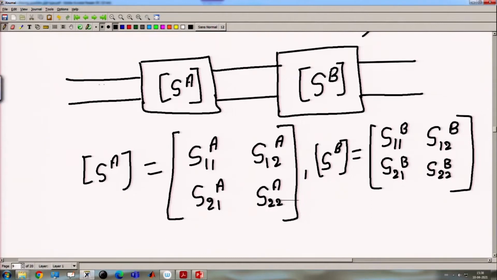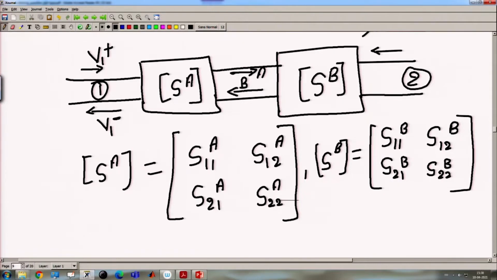Here it is port 1, here it is port 2, and we can take this side as A and this reflected part as B. At port 1 the incoming wave is V1 plus and the reflected wave is V1 minus, and at port 2 the incoming wave is V2 plus and the reflected wave is V2 minus.